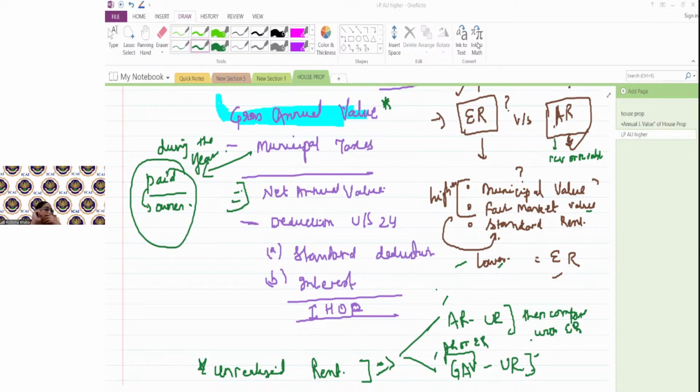Guys, again I will say, if you go step by step, the answer will not go wrong. Do not directly make expected rent the gross annual value.